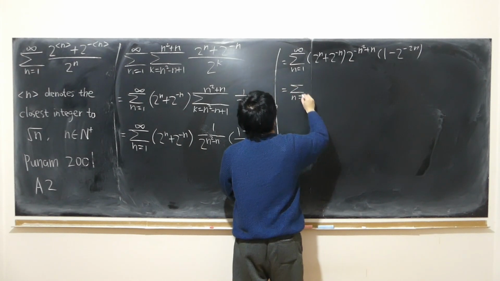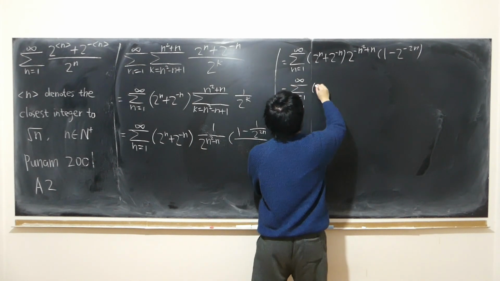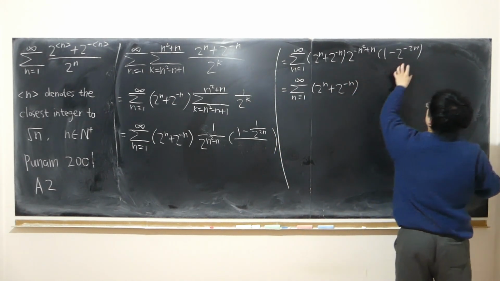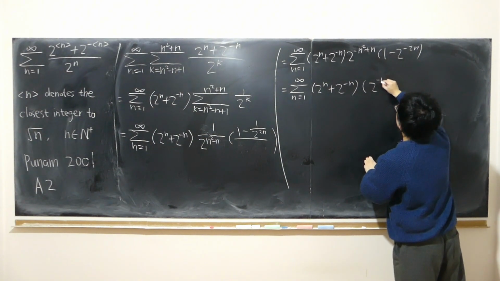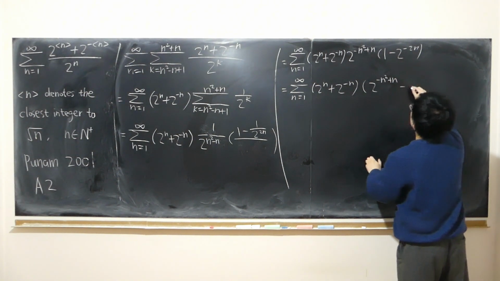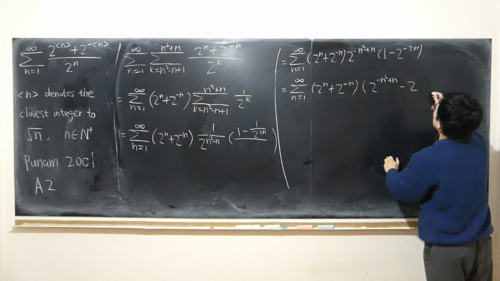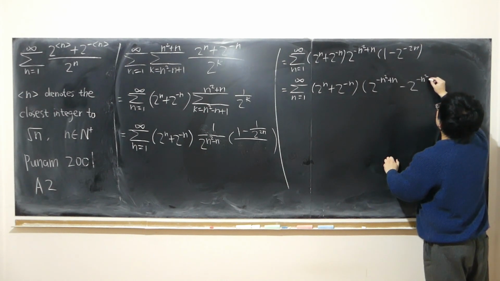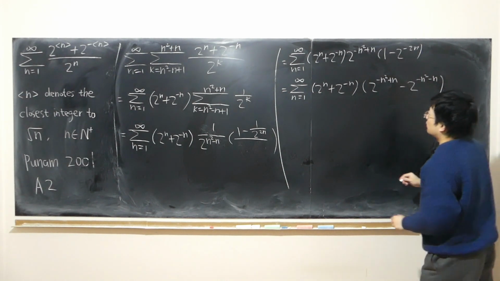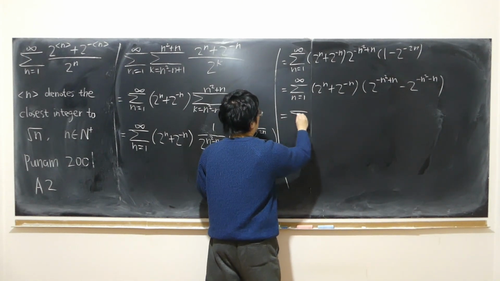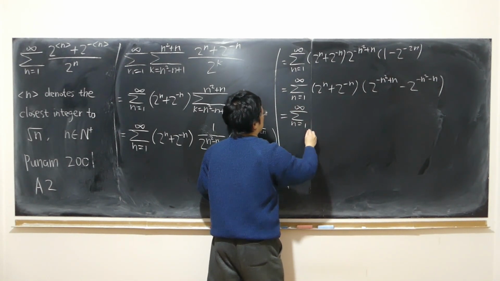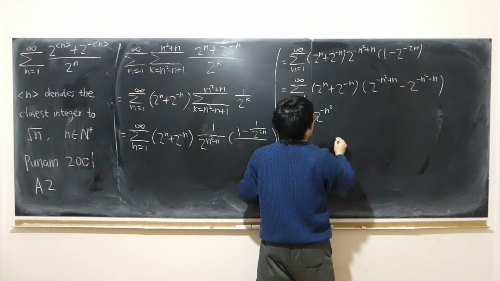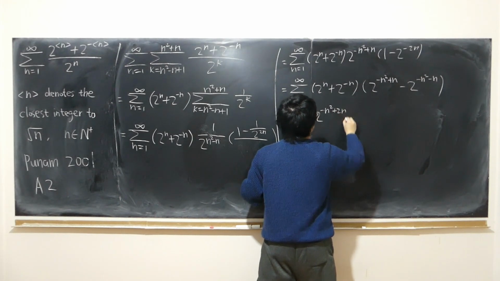So n from 1 to infinity, multiply this inside here. 2 to the negative n squared plus n, times 2 to the negative 2n combined powers, negative n squared minus n. They multiply everything out. Right, so this multiplied by that, 2 to the negative n squared plus 2n.